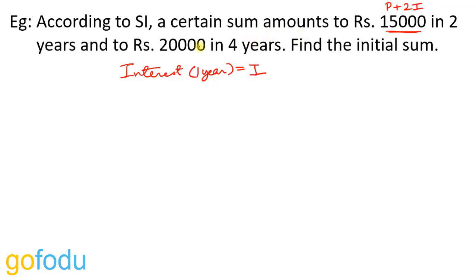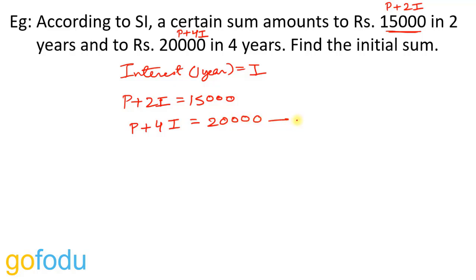And the sum amounts to 20,000 in 4 years. So 20,000 has interest of 4 years in it. So it would be P plus 4 times the interest of 1 year. P plus 2I is 15,000 and P plus 4I is 20,000.